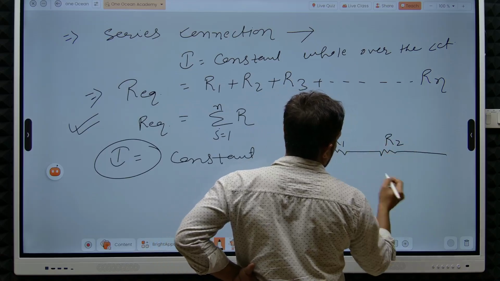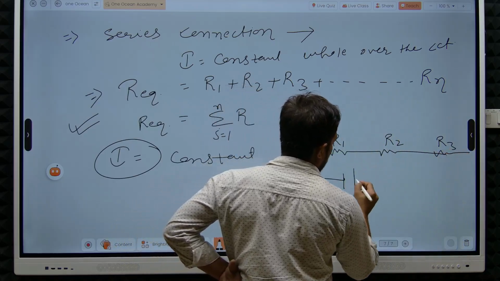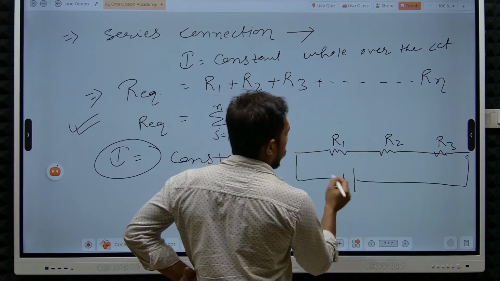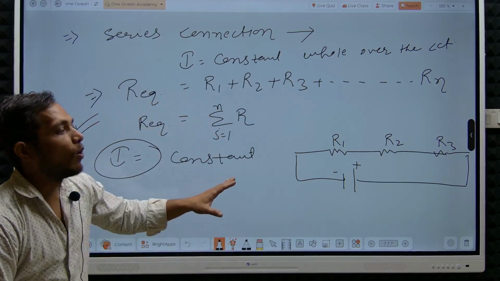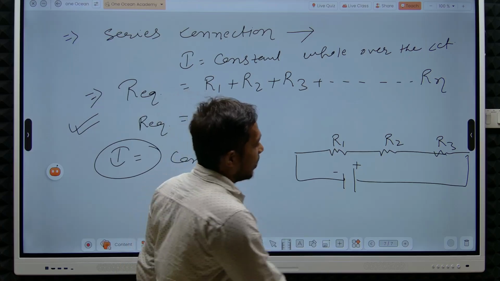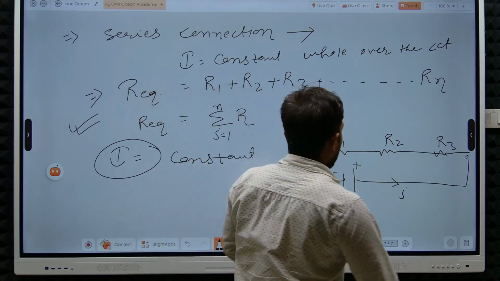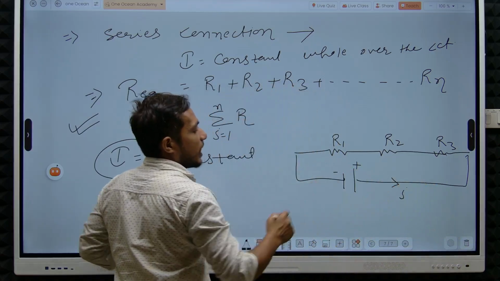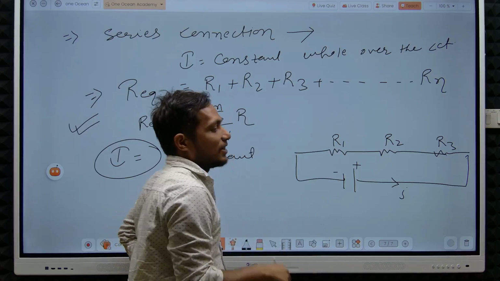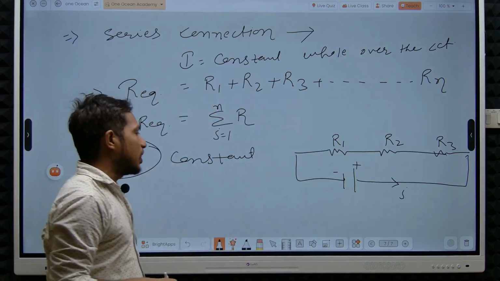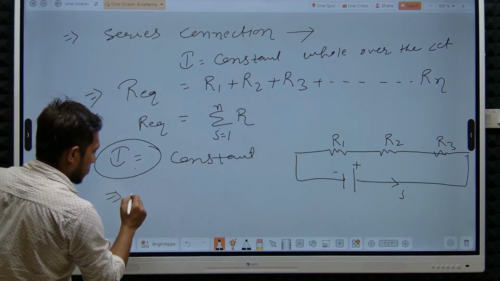Now, this is the negative side of the battery, this is the positive side of the battery, and the current flows from the negative to the positive side. Here the flowing current is I from this point, and the direction is as given here. It moves through R3, R2, R1 and remains constant whole over the circuit, but the voltage keeps changing.